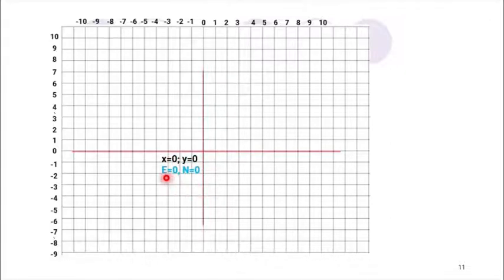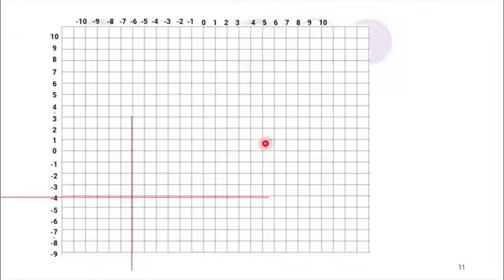Or in surveying, we have E equals 0 and N equals 0. If I transfer those two lines, the intersection point is at -6, -4, or E is equal to -6, N equals -4.